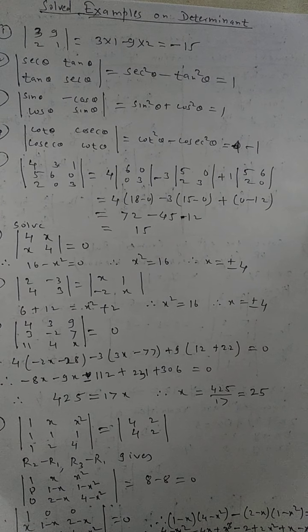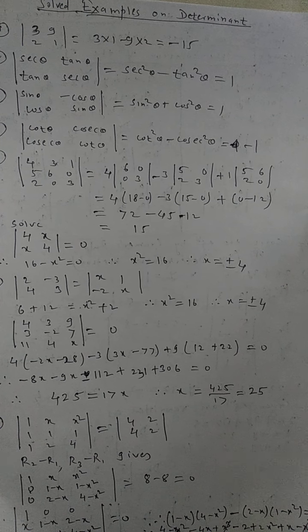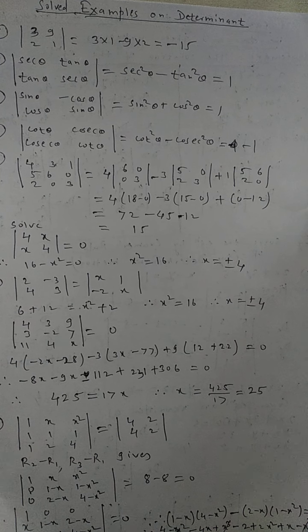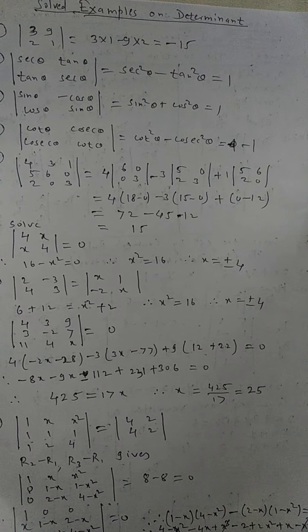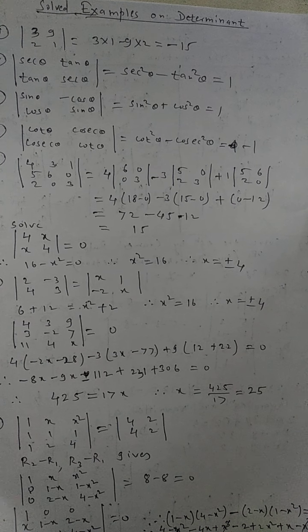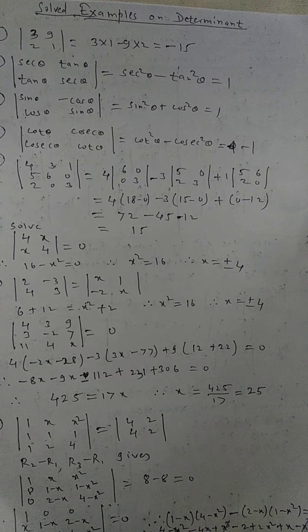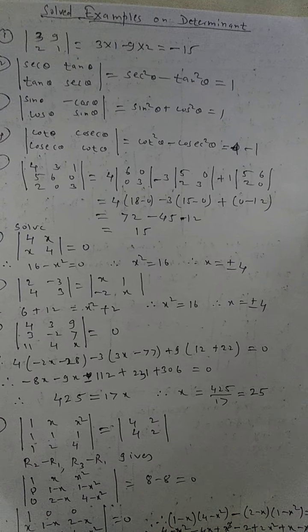The addition of the kth multiples of all the elements of any row or any column to any other row or any other column does not change the value of the determinant, which we are using frequently.